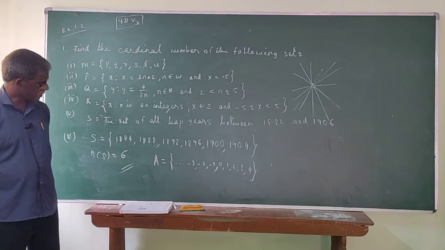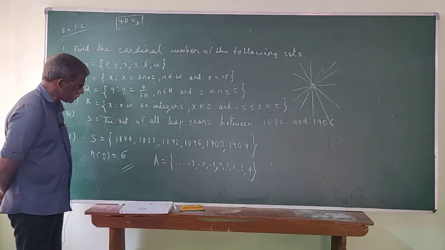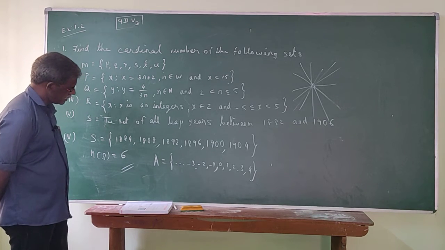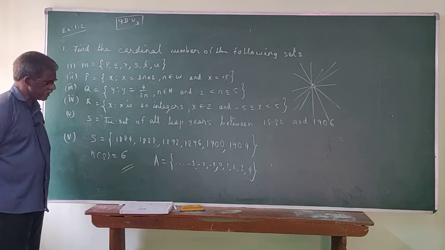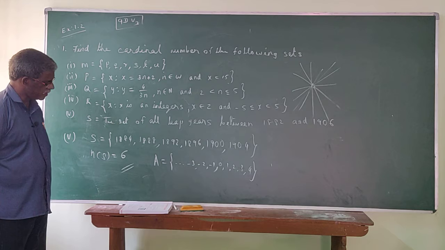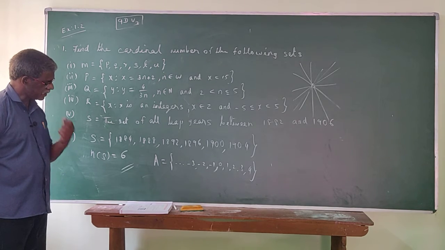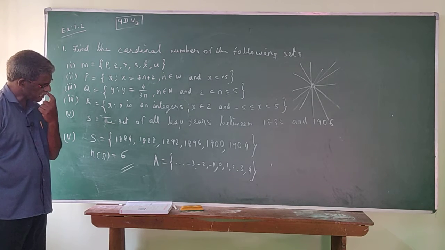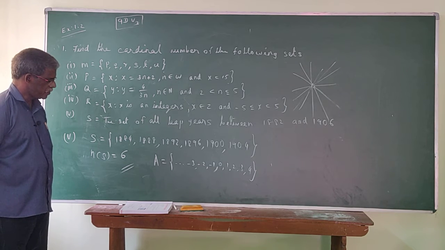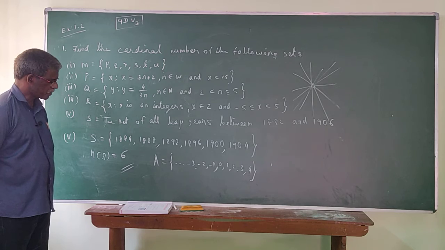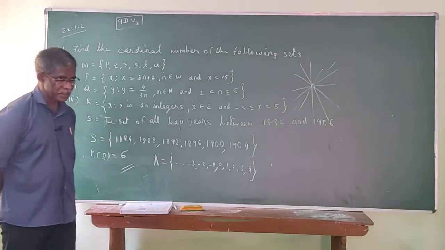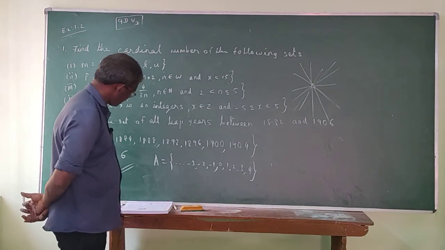Then question number 4. B is equal to x such that x square minus 5x plus 6 equal to 0, where x is an element of N. If you solve this quadratic equation, we will get two solutions. If the two solutions lie in the natural numbers, then we can find out.